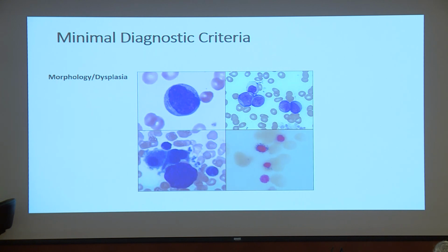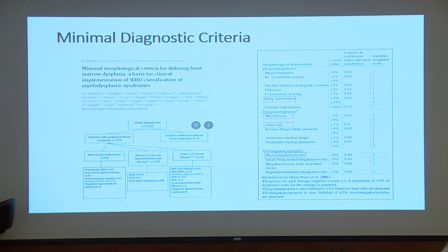So there is a very beautiful study that was done on more than 1,000 patients with MDS. The idea of the study was just to see the concordance or the agreement between different hematopathologists while they are assessing different morphological features. So they collected more than 1,000 patients with MDS and they reviewed their smears by qualified hematopathologists.